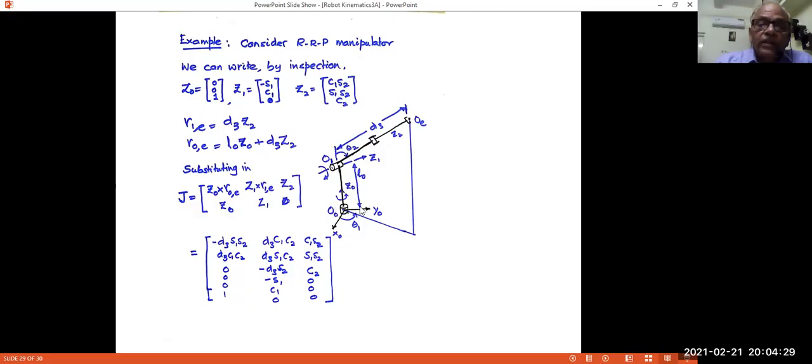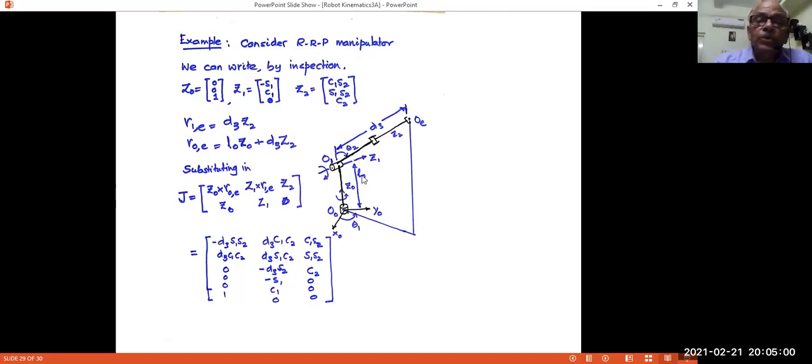After rotation by an angle theta 1 about Y0, you can see that it makes an angle 90 plus theta with x0. Therefore, your z1 components along x0 is minus S1, along y0 is C1, cos theta 1, and along z0, of course, it has no component, so that will be just 0.